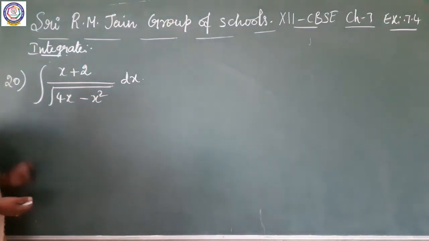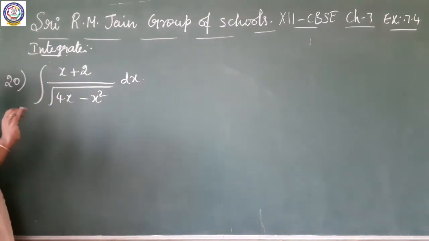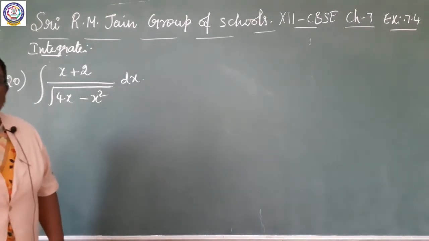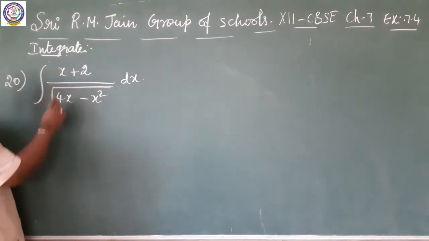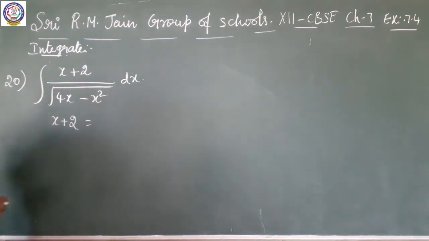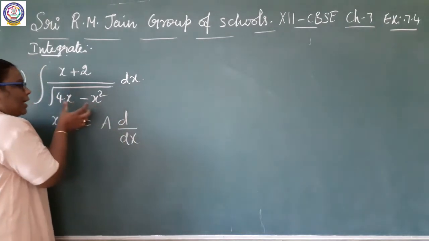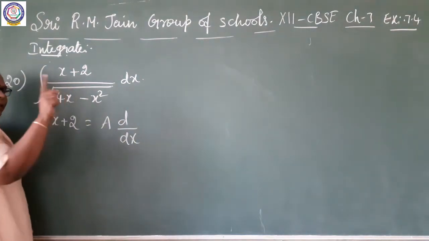Yeah, see the 20th sum, integrate x plus 2 by root of 4x minus x square. The same way we proceeded in the 19th sum, numerator equal to a into d by dx of the denominator. You can take this value alone, don't take the square root.